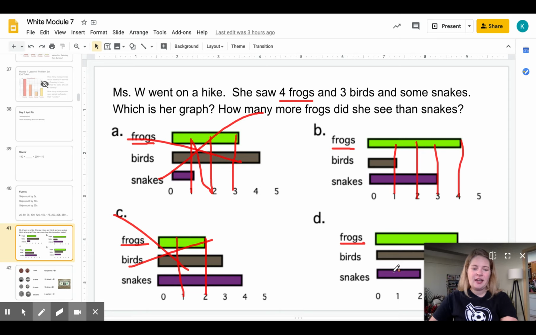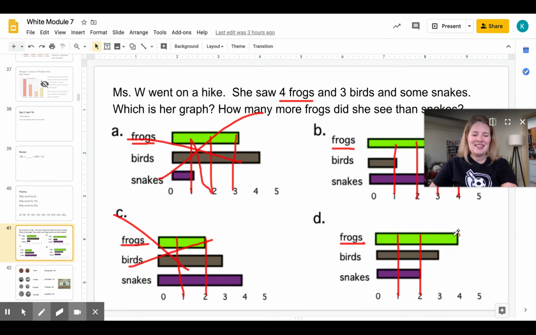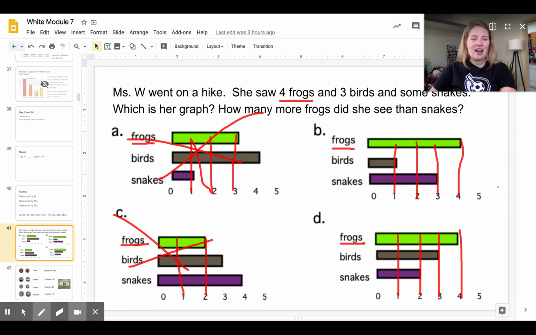And let's try for D. 1, 2, 3, 4. Okay, so now we see that our best 2 answers so far are B and D.